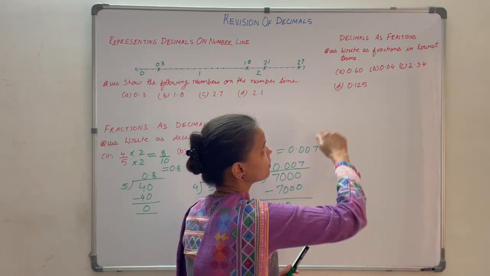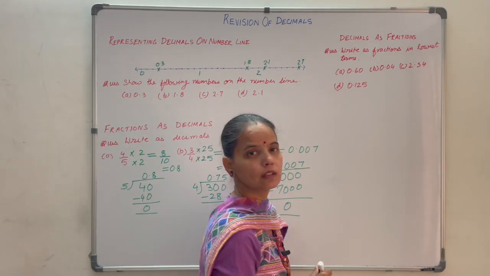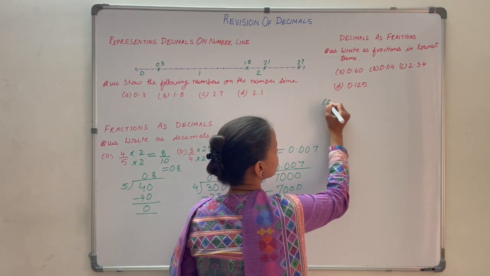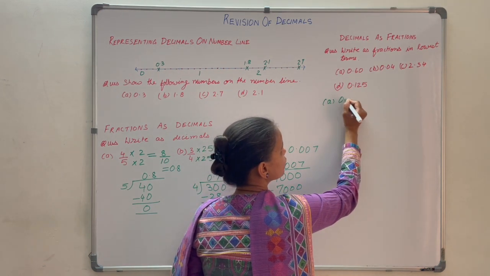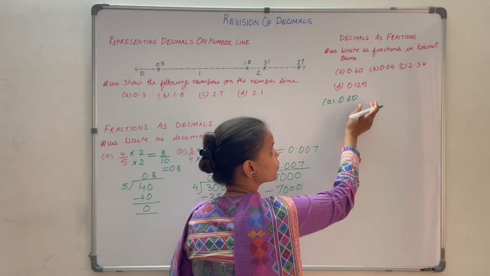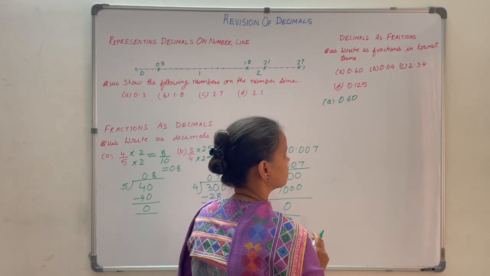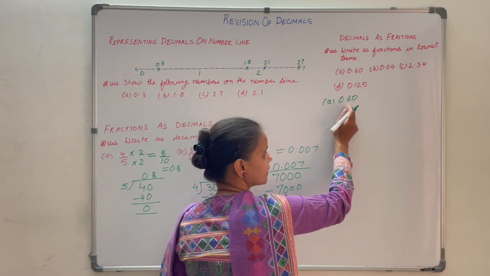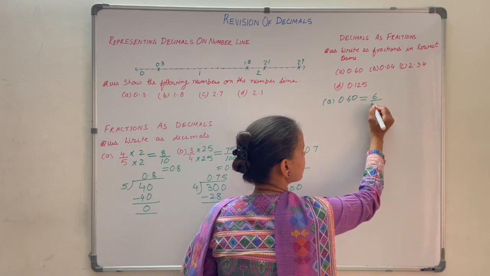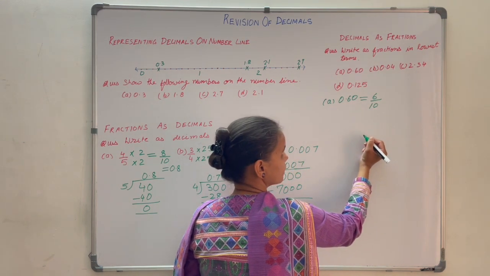Write as fractions in the lowest terms. So how are you going to do it? Here is the first question, A, 0.60. So this is the decimal number given to you. You need to write it in fraction form. This is in the 10th place. So what will you write it as? 6 by 10.